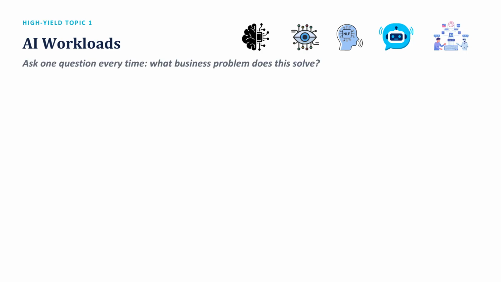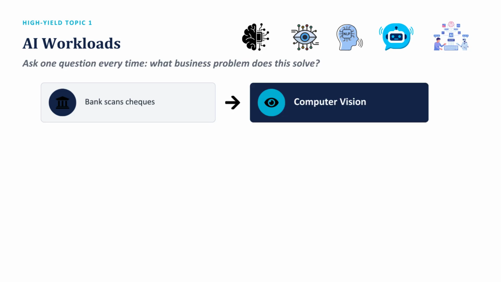First, understand the different types of workloads: machine learning, computer vision, natural language processing, conversational AI, and generative AI. Do not try to memorize the definitions, that's a trap. Instead, ask yourself, what problem does this actually solve? Here are some real examples. A bank reading checks automatically, that's computer vision.